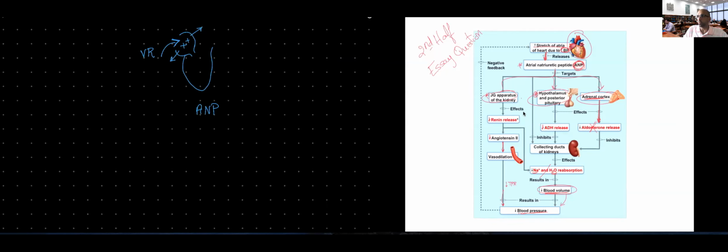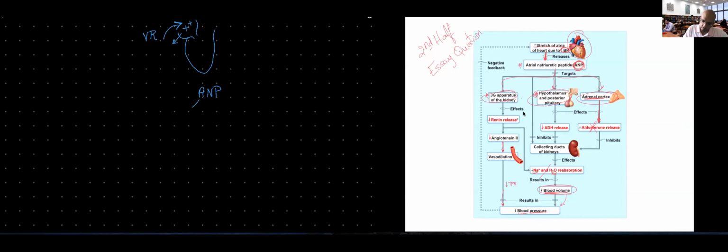If you remember when we discussed why we call it atrial natriuretic peptide: atrial because it's produced from the atrium, and natriuretic means it's releasing sodium out in the urine, and its chemical structure is a protein. It's a polypeptide chain, so I call it a peptide. It's a small protein.